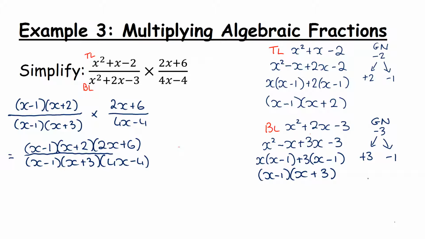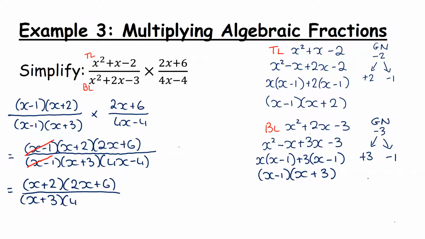At this point you might see that we actually do have an x minus 1 above and below the line, so we can simplify that. Now what we're left with is x plus 2, 2x plus 6 all over x plus 3, 4x minus 4.